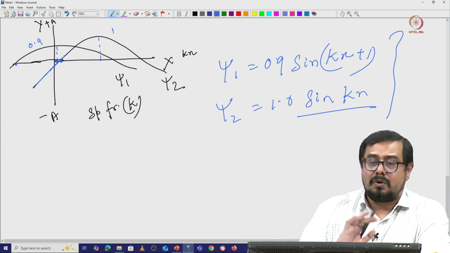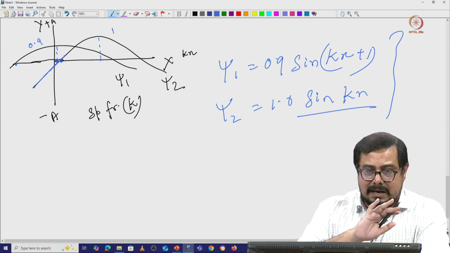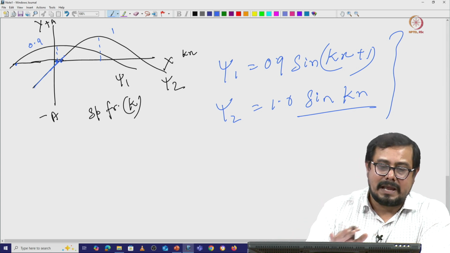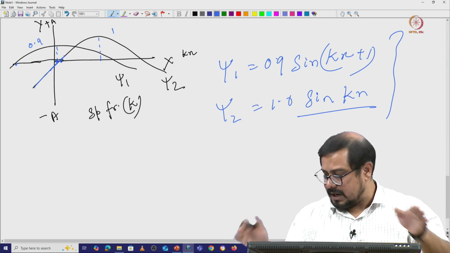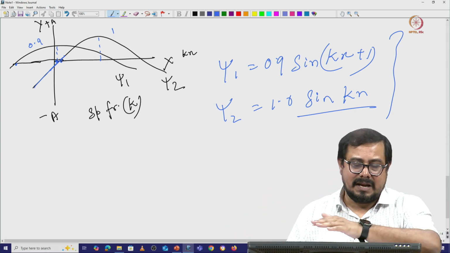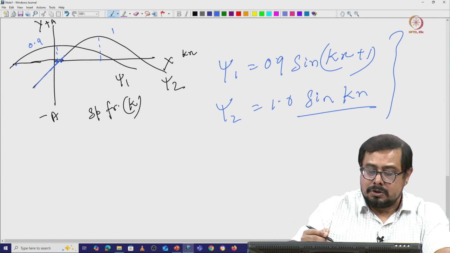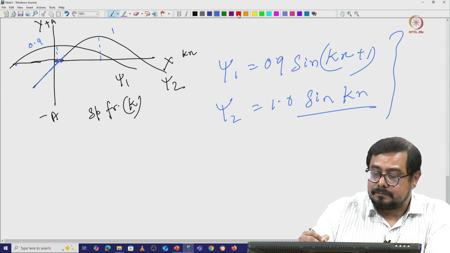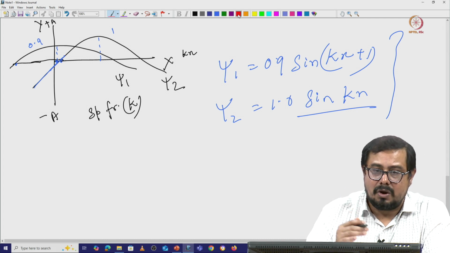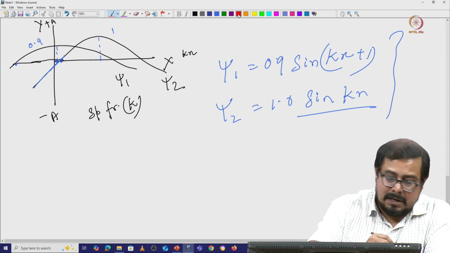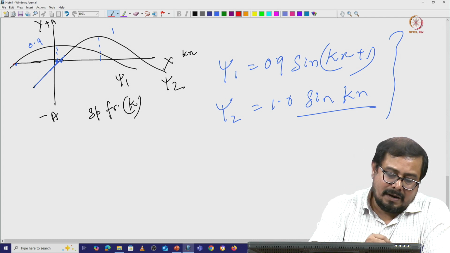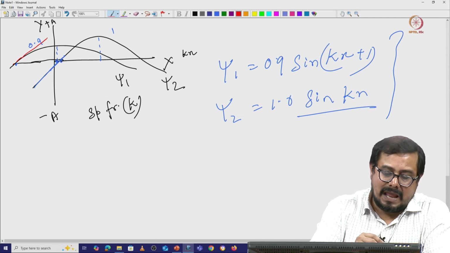We just want to get a clear idea of what happens when two waves propagate in the same direction and are almost in the same phase. The result will be some kind of change in the amplitude and the position of these two waves.